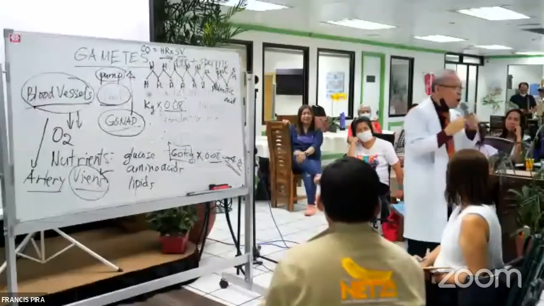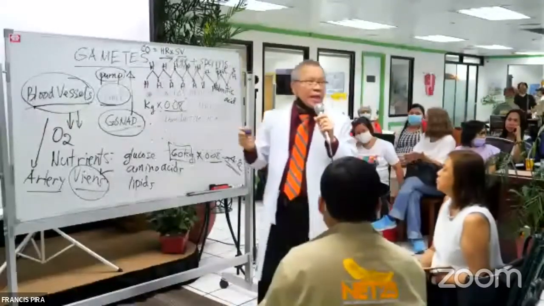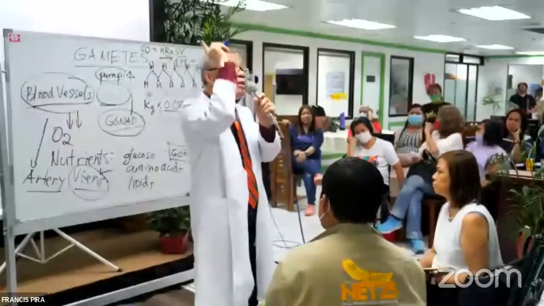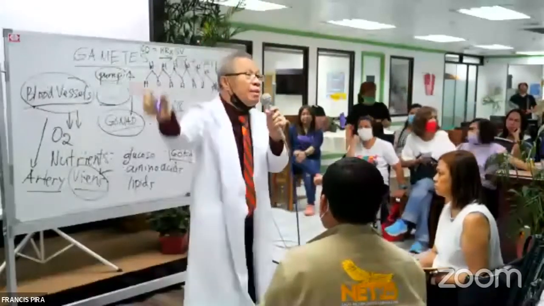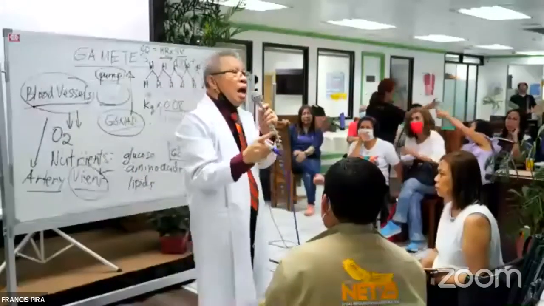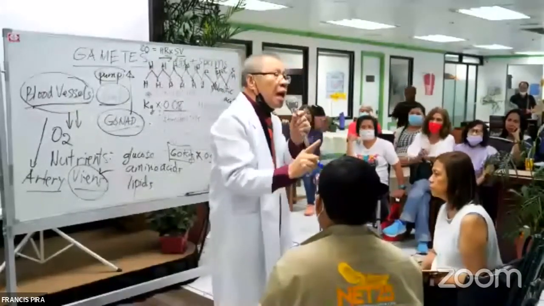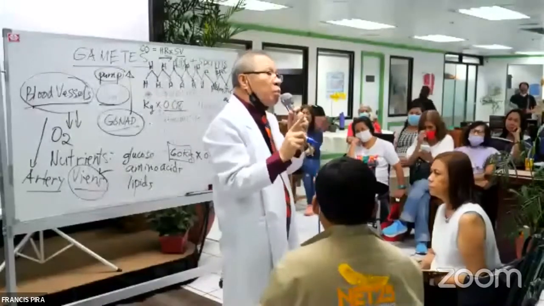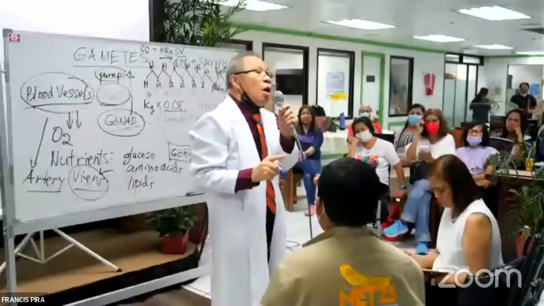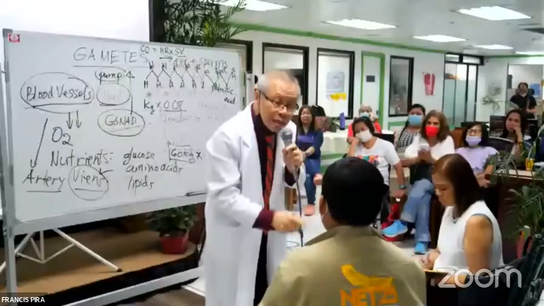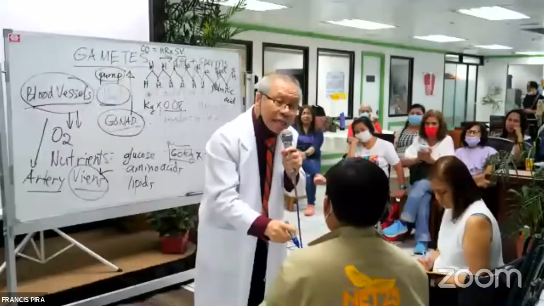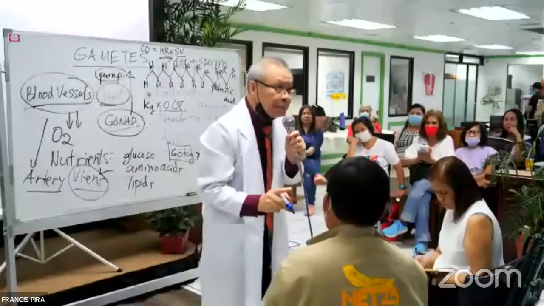So a little bit of your physiology. What is the total amount of blood distributed throughout the body in 1 minute? That is the cardiac output, and it must be equal to about 4.8 liters if your body weight is 60 kilograms.